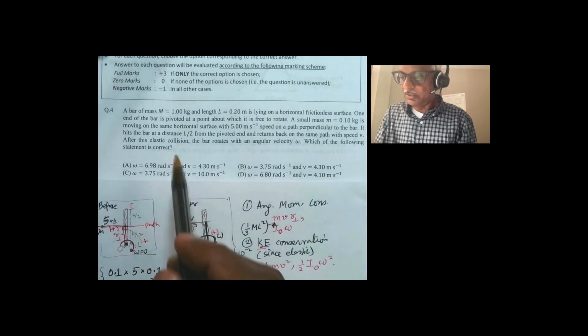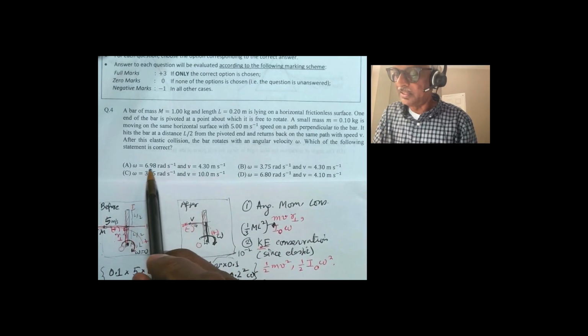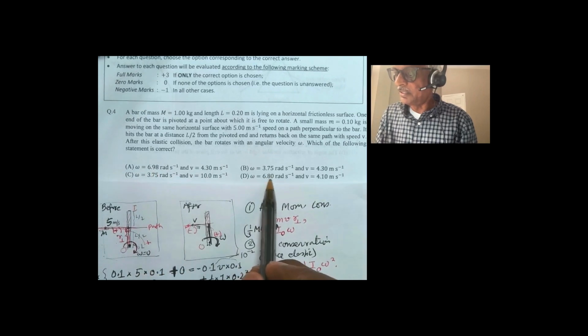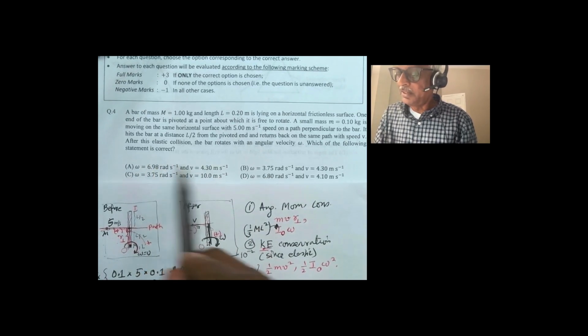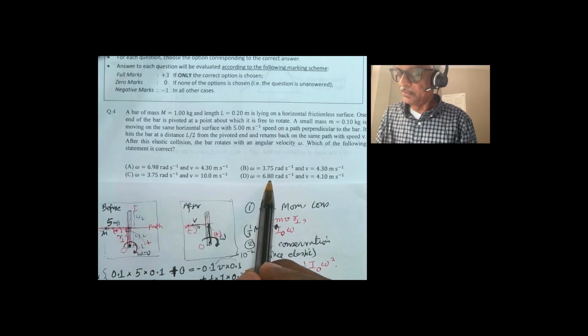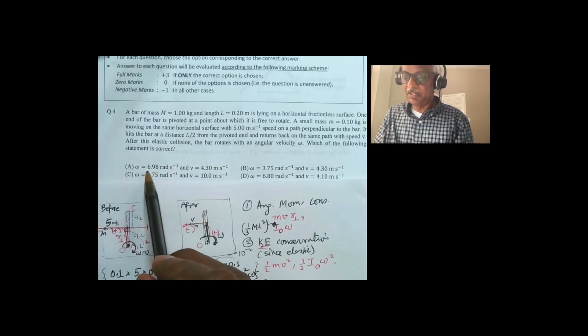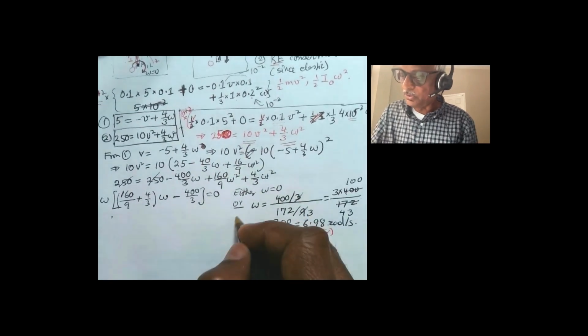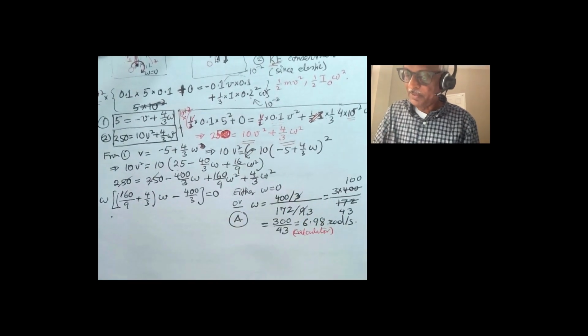And you can see in the answer, one of the choices is 6.90, 6.98 and 6.80. Even if you got approximately there, then you get one of these. So this is the one I got. So A looks like the answer.